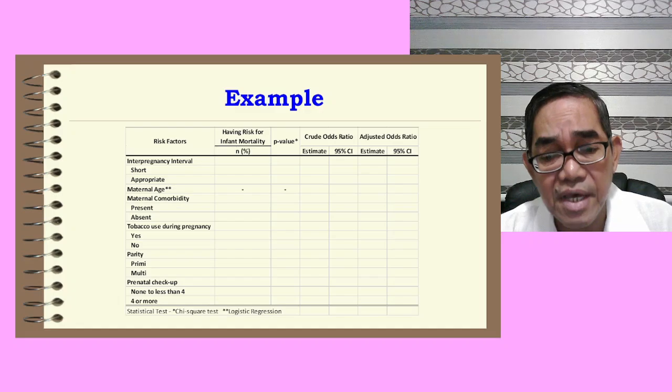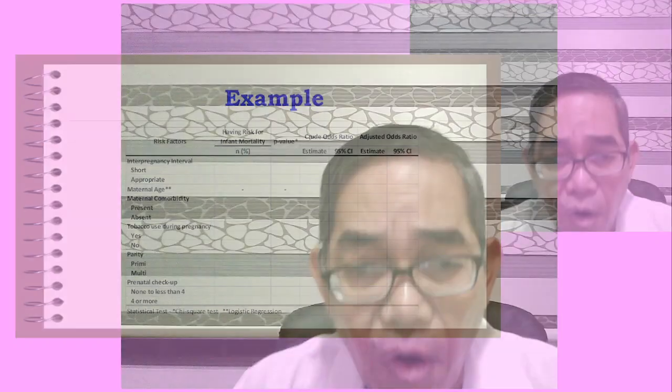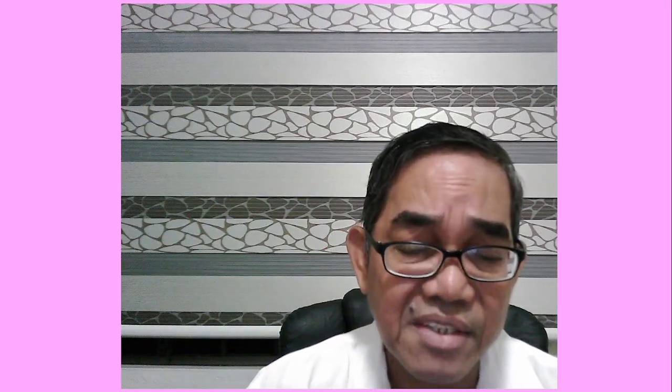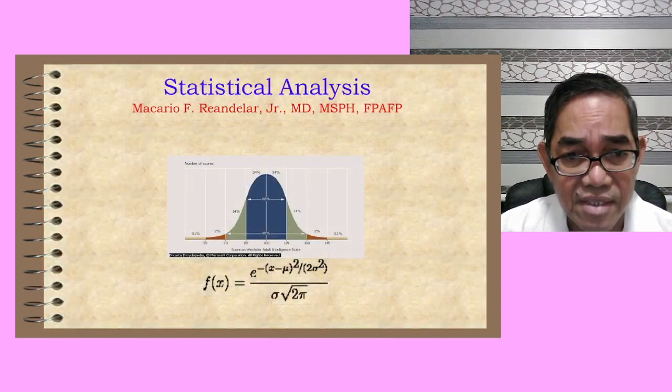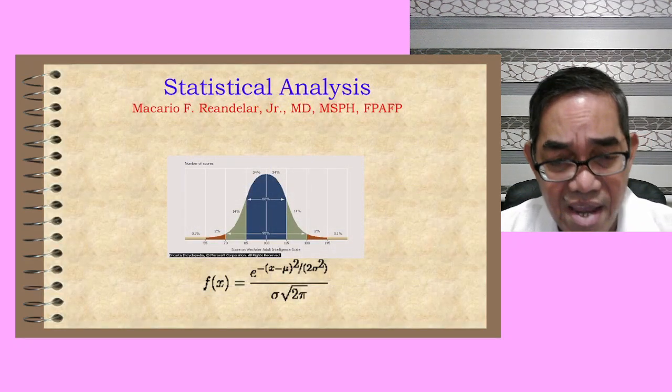You will note that all five are consistent: the objectives of the study, operational definition, sample size calculation, statistical test, and lastly, the dummy table. All five are consistent. And I think that's the end of this lecture on statistical analysis.